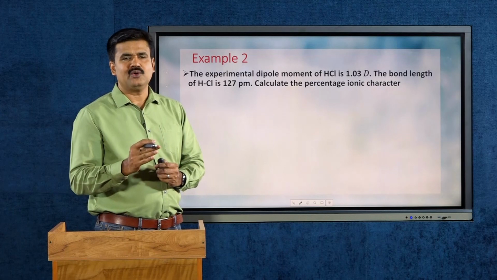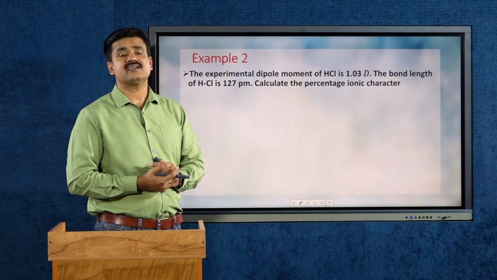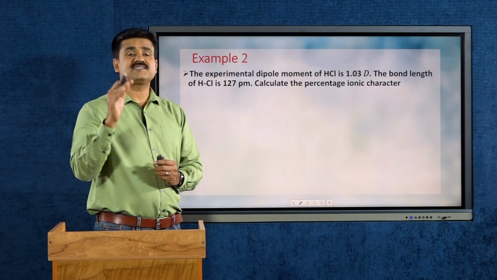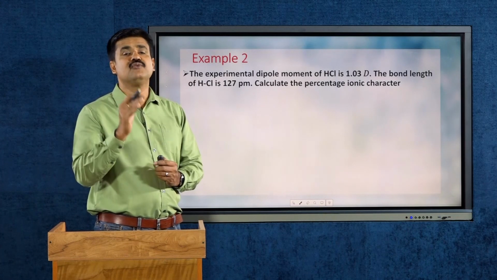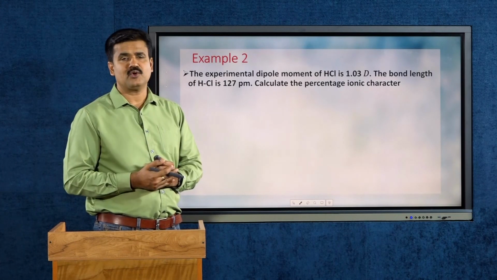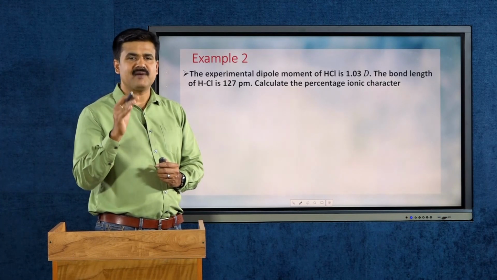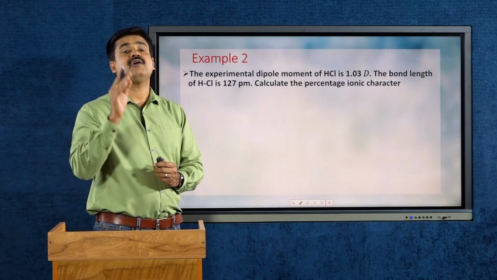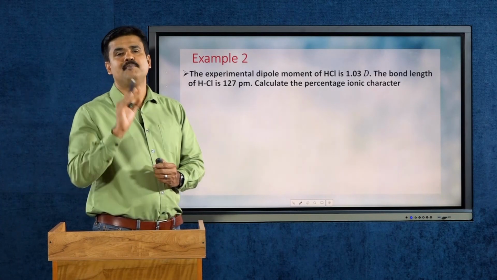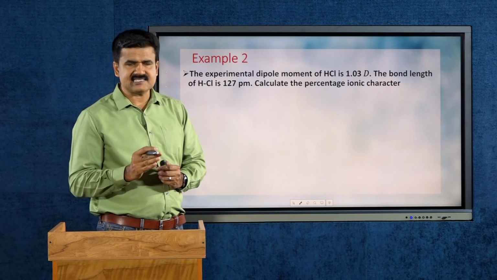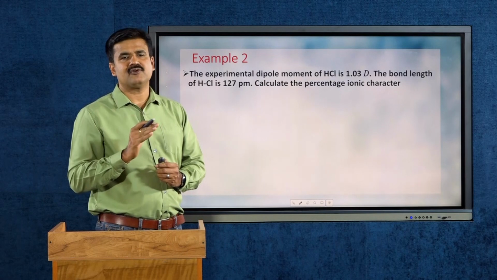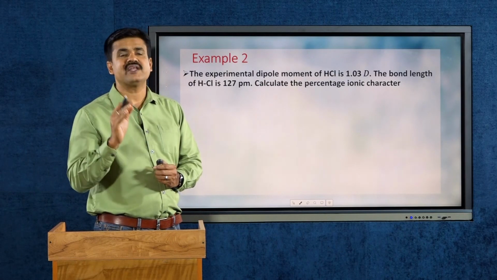But we know percentage of ionic character is equal to mu observed divided by mu for 100% ionic compound multiplied by 100. So, in order to solve this problem by using this equation, we have to first compute mu ionic, that is the dipole moment for 100% ionic HCl.